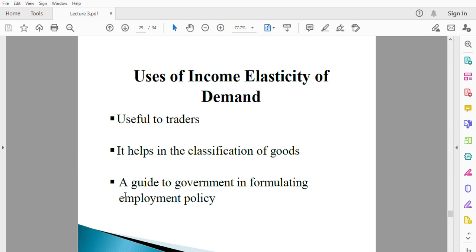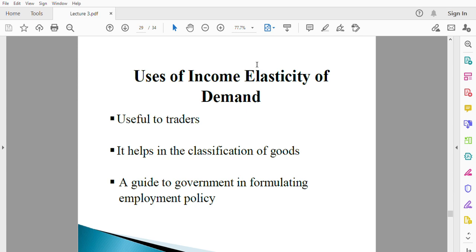And the last is it guides government in formulating employment policy. So for government to formulate an employment policy, why does government employ? Basically, government employs people as human resources to engage in the production of goods and services. So if government would want to employ more people, the government will employ more people to produce a good that will be bought at the end.